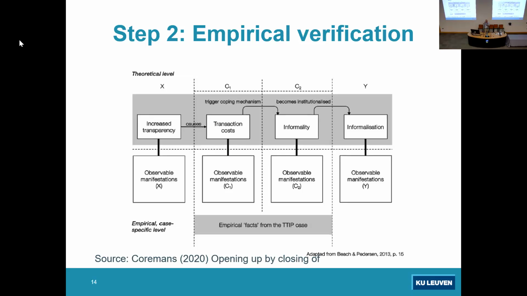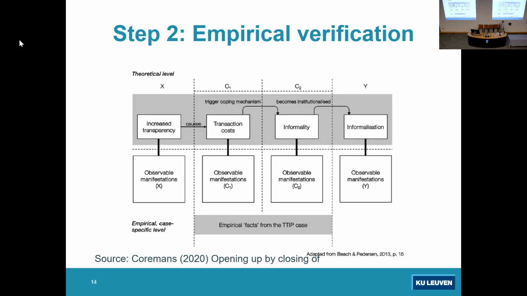Step two, once you have this nice little causal mechanism developed, the next step is the empirical verification. Is this causal mechanism that you hypothesized also present in reality? Can you find empirical evidence to support this causal claim that you make? Right?